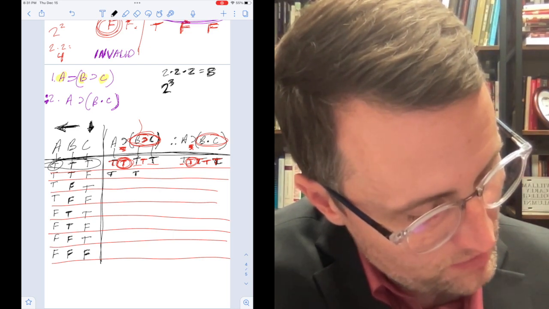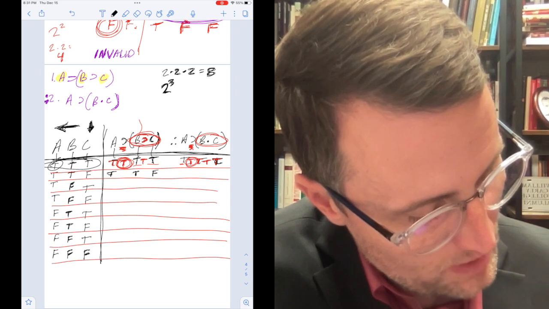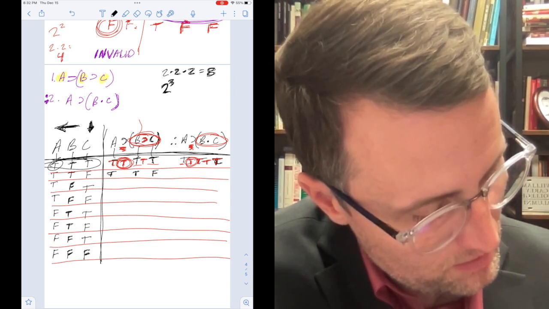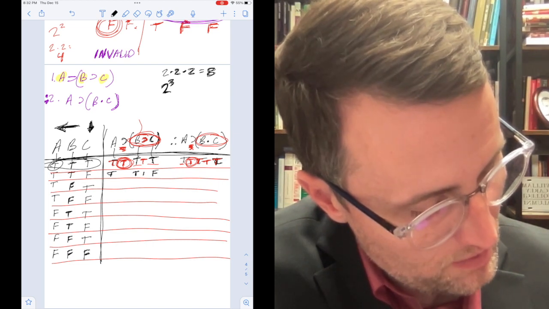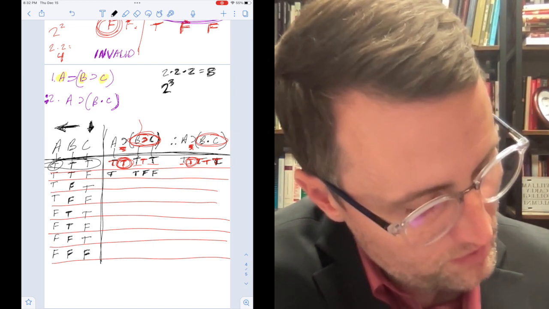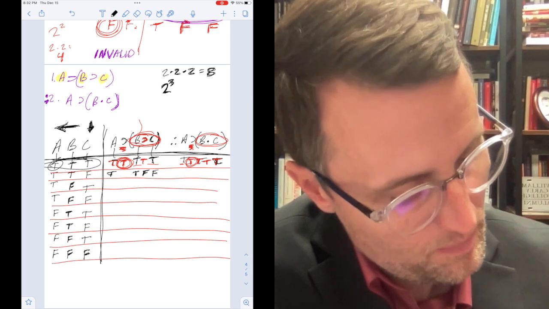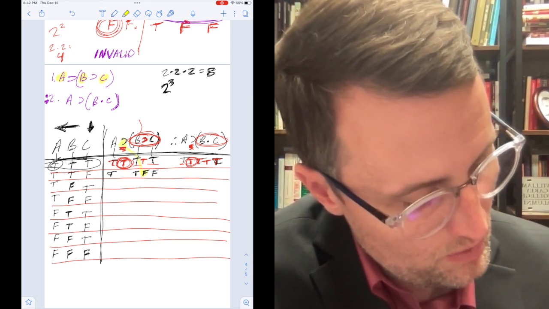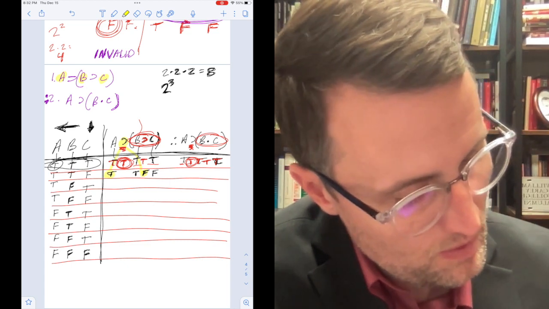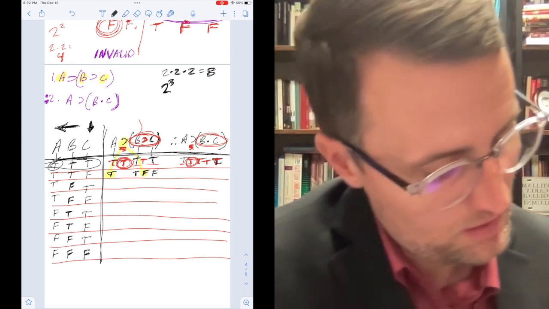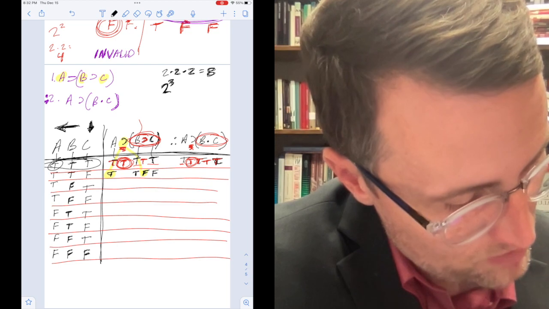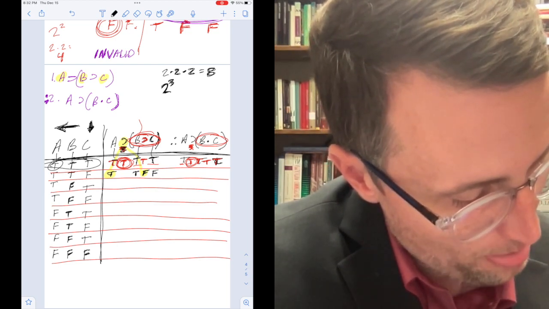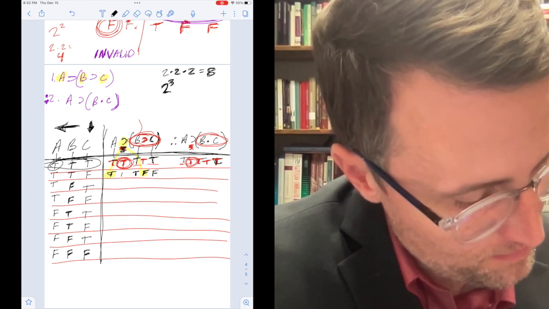C is false, which we know with the horseshoe makes this false, and a false horseshoe true makes this horseshoe right here for this line false.